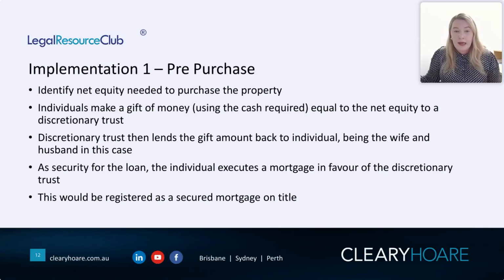So if we're doing it before the purchase of an asset, rather than using a bearer promissory note, you would basically have the client identify what the net equity is needed to purchase the property, and they would make a gift of that money. They'd transfer that cash across to the discretionary trust, and then the trust would lend that money from there back to them for the purchase of that asset.